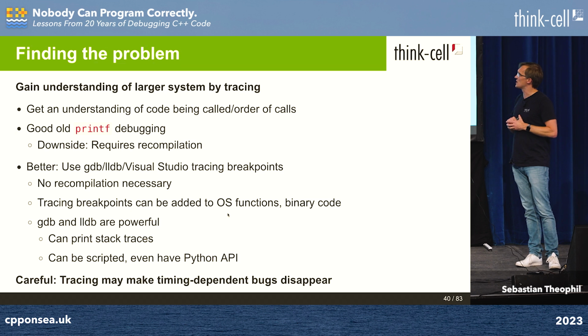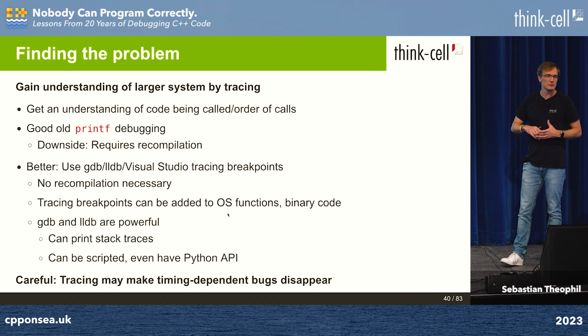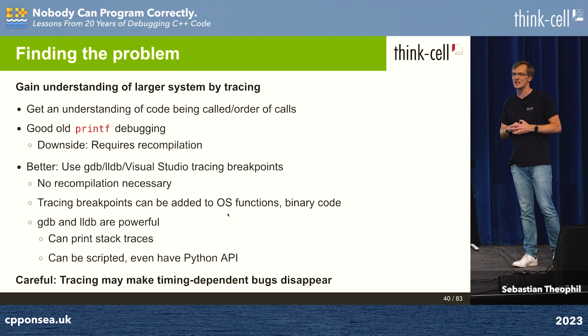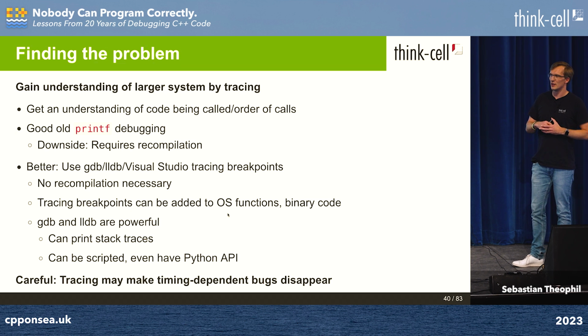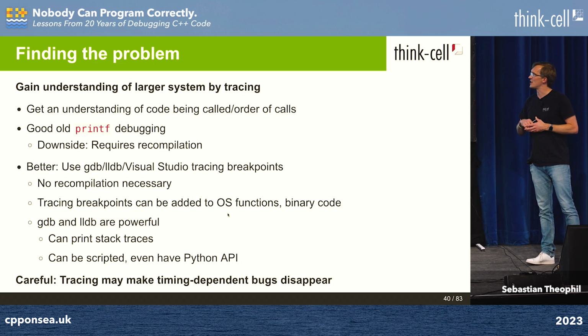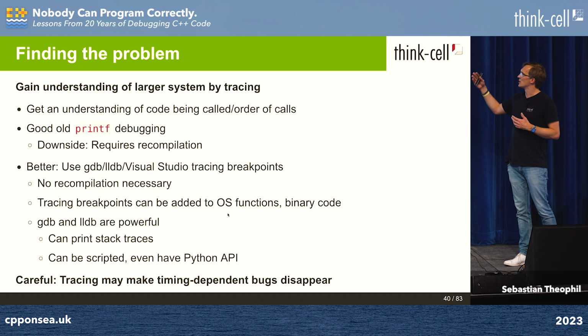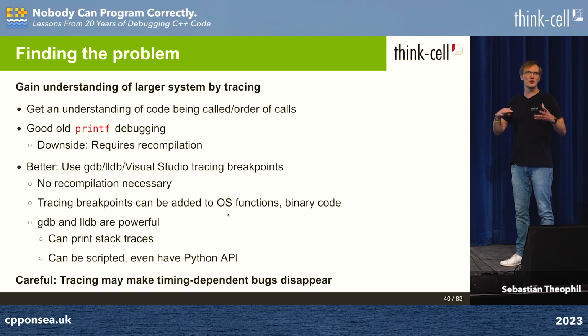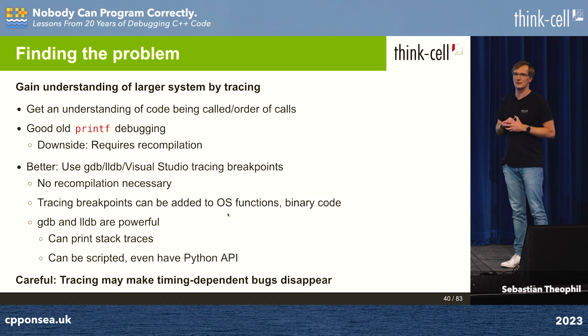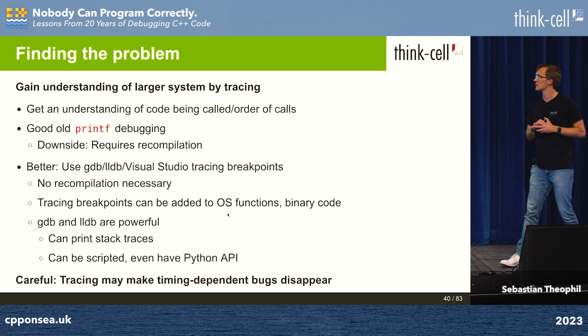And the good old solution was here to do printf debugging. So you would insert printf statements somewhere and then look at the log and try to figure out what happens. And that has a big downside. That requires recompilation, and it's much better to use tracing breakpoints. Who here uses tracing breakpoints? Good.